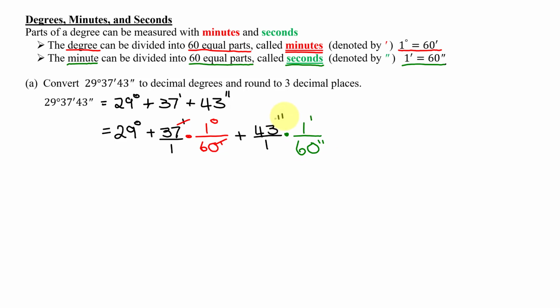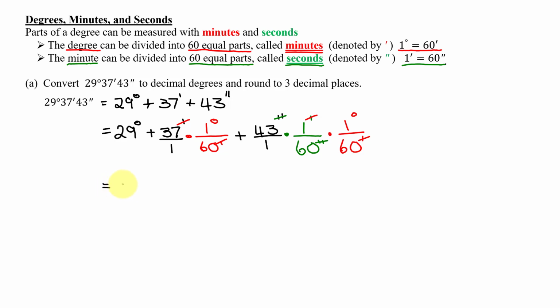So now the seconds reduce. I'm left with everything in minutes. And now I need to convert the minutes into degrees, just like I did here. So I'm going to multiply by 1 degree divided by 60 minutes. My minutes reduce. My answer is in degrees.